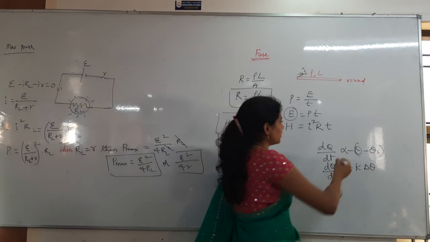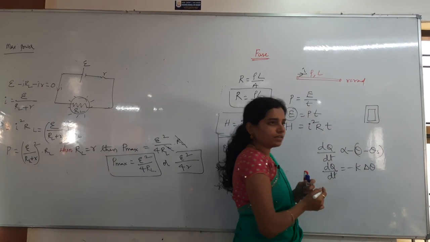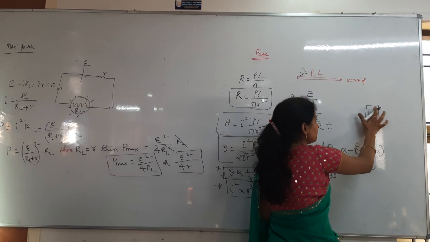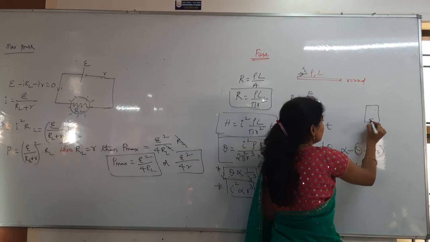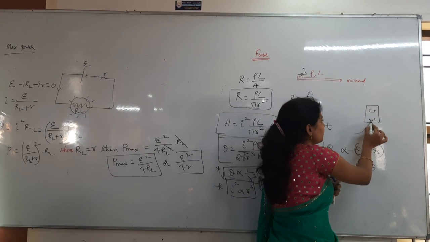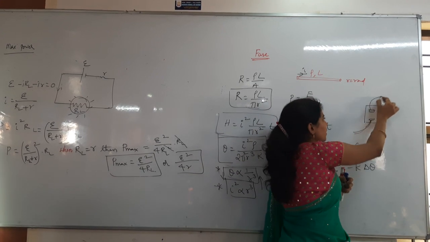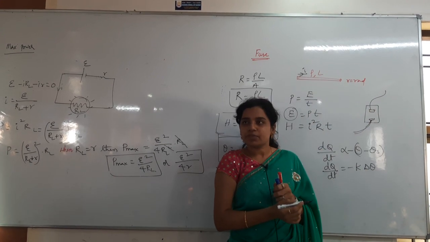The fuse will be there like this, just beside the meter, correct? Inside, two terminals will be there. One terminal is given by the main supply, and the other is given to the household appliances. Now what happens?